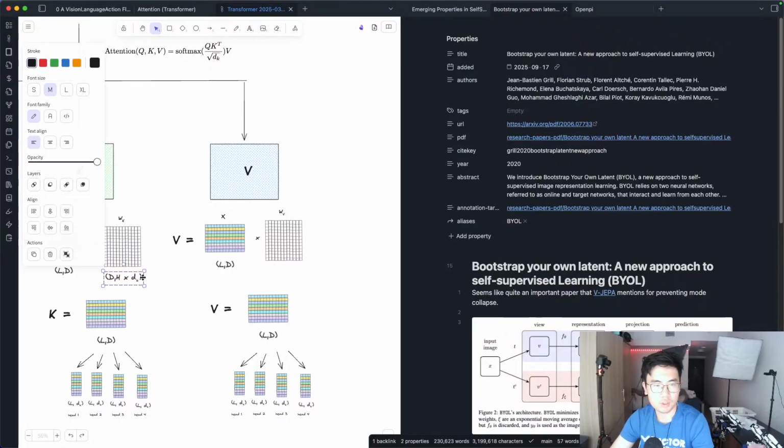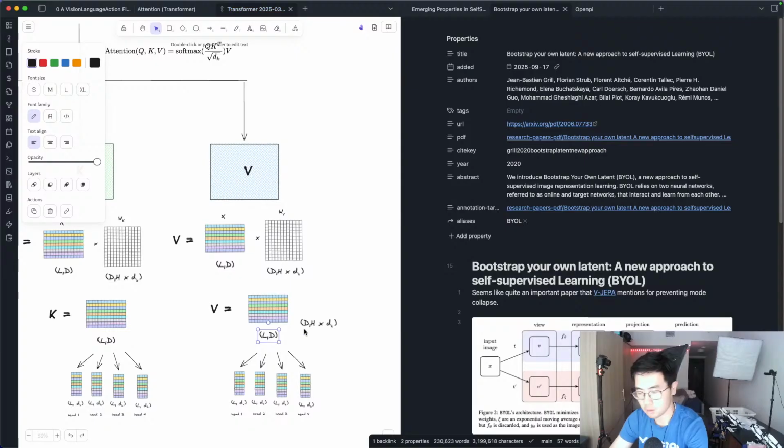So this is for efficient implementation. And then this is just L.